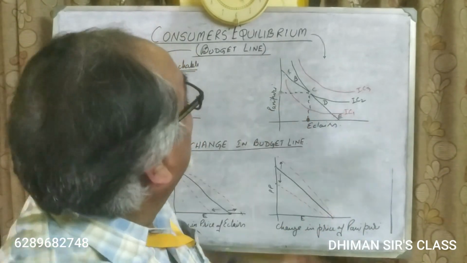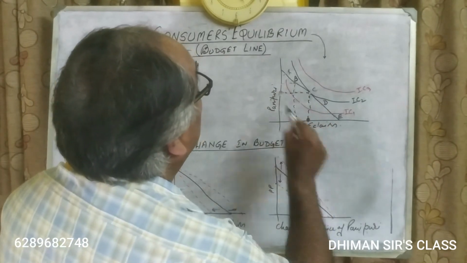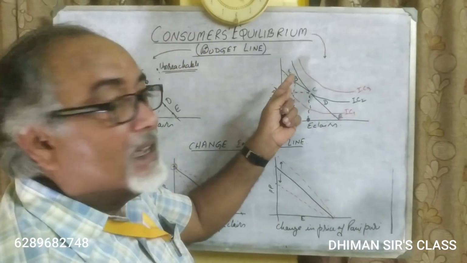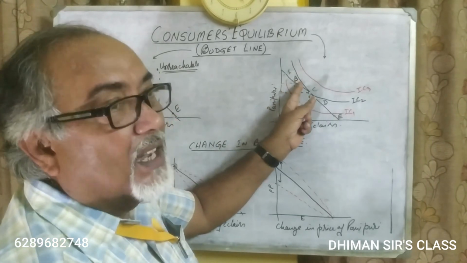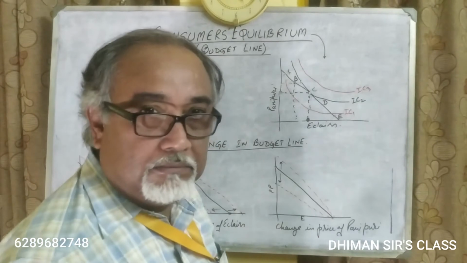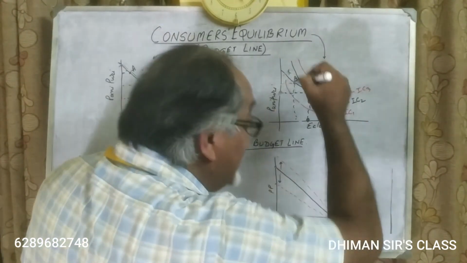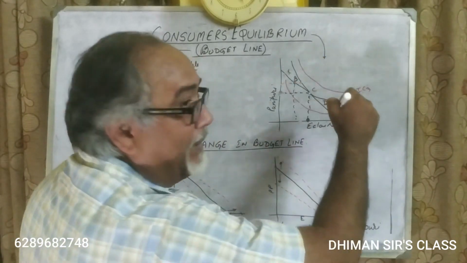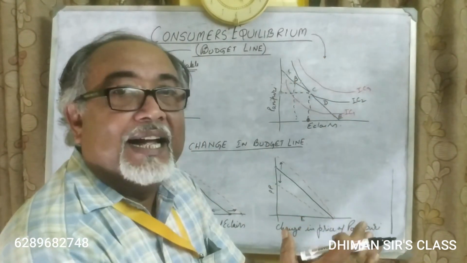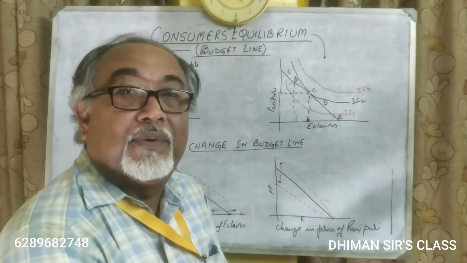If I was suppose here, then definitely my budget is permitting, but my indifference curve is telling me I can come here. So there is a disequilibrium according to my budget and indifference curve. So the indifference curve as well as the budget, both are intersecting. The budget line becomes a tangent to the indifference curve.